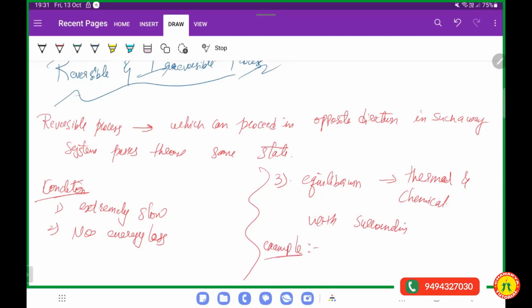For this one, can you give an example? You use it daily. Come on, give me one example from your daily things.